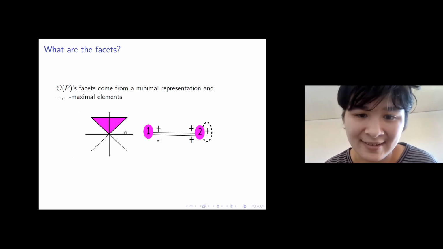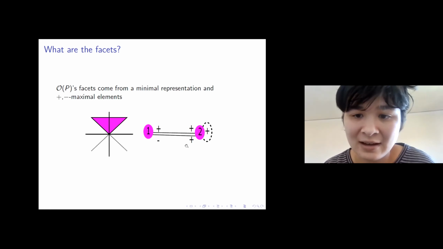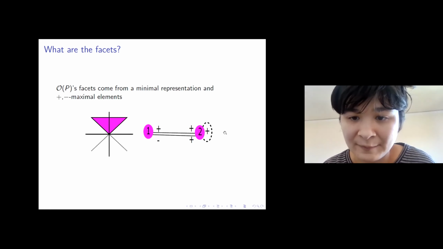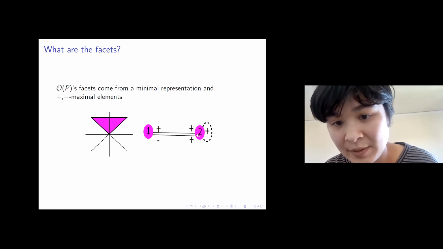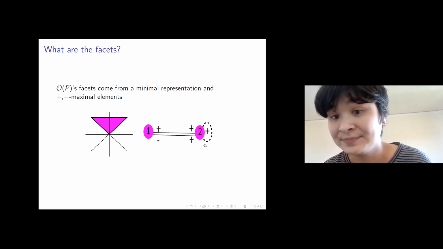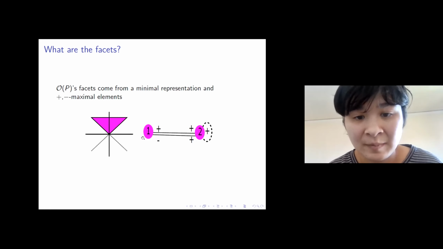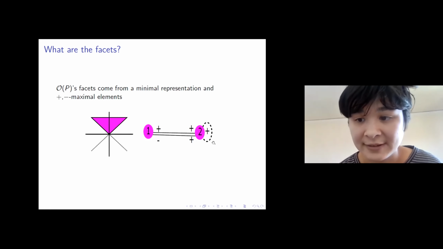So that doesn't define a facet, but these two lines define this facet and this facet. Then there's one more facet. This facet comes from this point in this representation that is all pluses and there's no minuses next to it. So that's where you would get the facets using this representation of your signed poset.